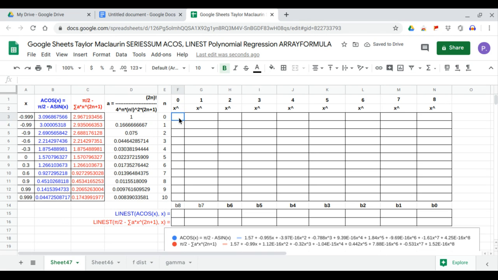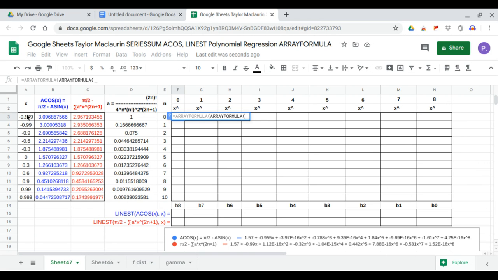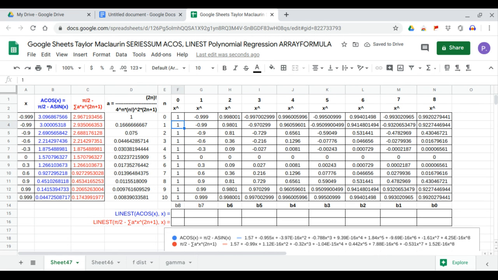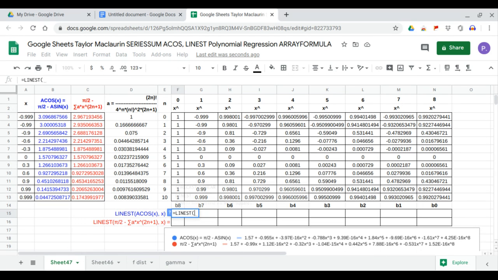Now we complete the 1 comma x matrix, which is array formula of the x values raised to the power from 0 to 8. Now that we have the 1 comma x matrix, we can use LINEST, starting with the inverse cosine, which is array formula or LINEST of data y and data x.